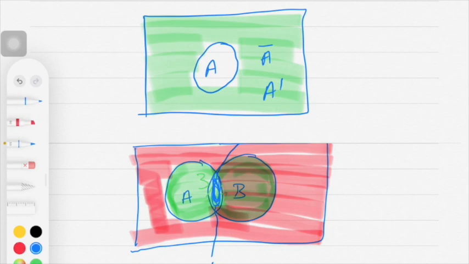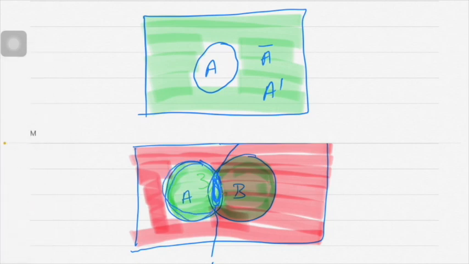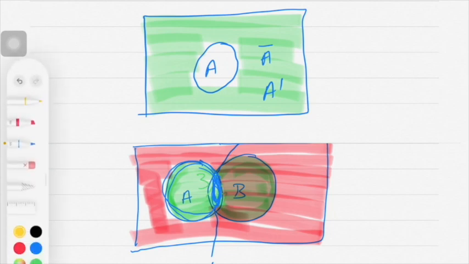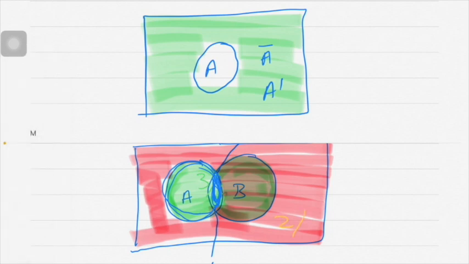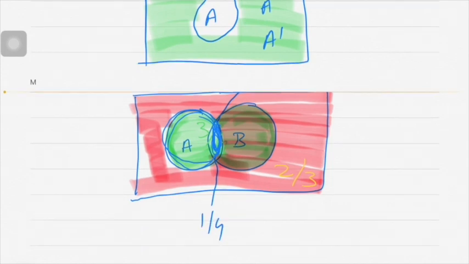The things which are outside this circle, outside A, are A dash, right? And P of A dash is given as 2 by 3. This red area is 2 by 3, which includes a part of B.